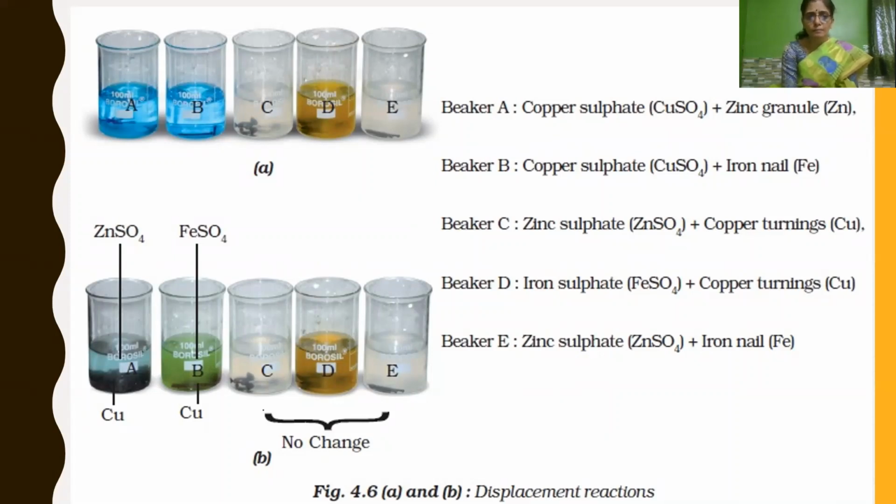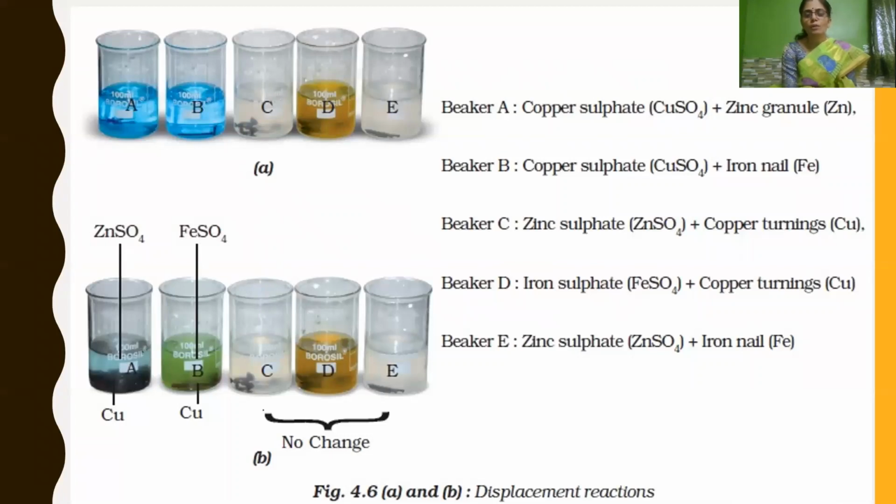Next, iron and copper sulfate. As we know, iron is more reactive than copper, it displaces copper from copper sulfate, so you will get iron sulfate and copper. And third one, zinc sulfate and copper. As we know, copper is less reactive than zinc, so it cannot displace zinc from its compound. So you will write no reaction.